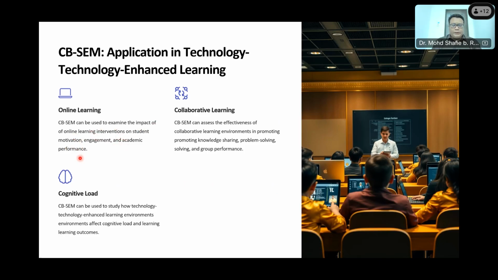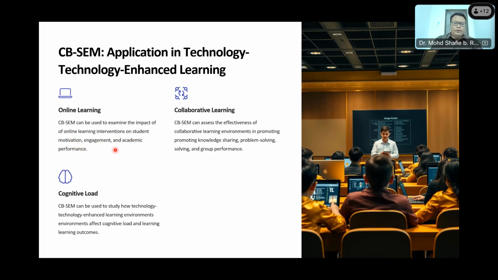For example, you have a group of samples, then you make some intervention using an online learning environment. So you have the pre-test and the post-test. In the pre-test, you ask them to answer your questionnaire, so you can understand the relationship between motivation, engagement, and academic performance, and how academic performance is influenced by motivation and engagement.